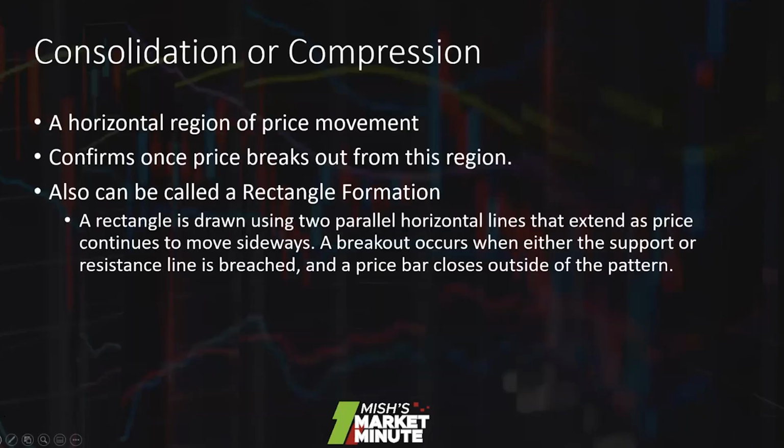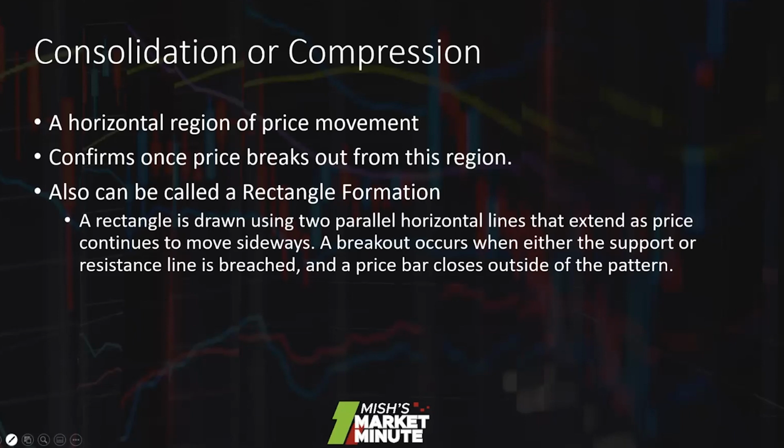Now, the next one we're going to talk about is we're going to leave gaps and talk about consolidation or compression. Also, extremely important way to identify when something is about to break from the consolidation or the compression, whether it's up or down. So literally, again, you get a horizontal movement this way.